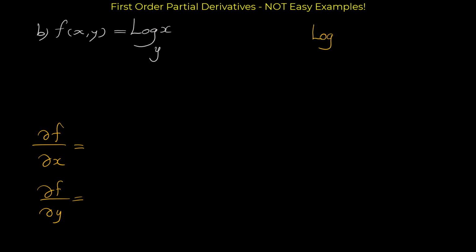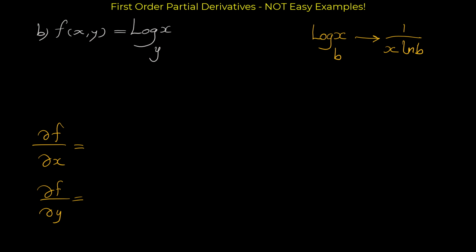When we have log x in the base b, its derivative is 1 over x, or 1 over whatever the expression is, times ln of the base, ln of b. And if the expression is other than x, we have to multiply at the end by the derivative of that expression. But this is x, so this is the formula.